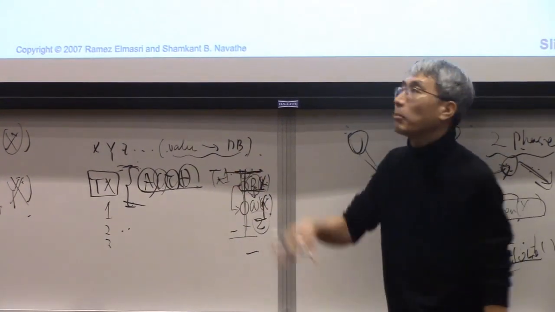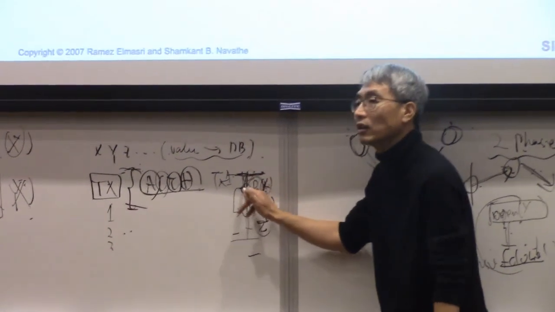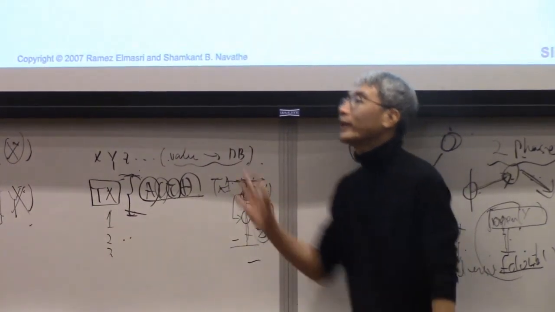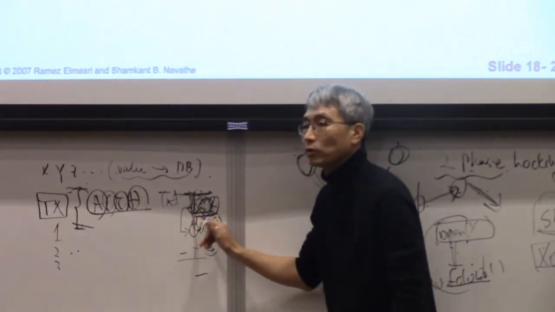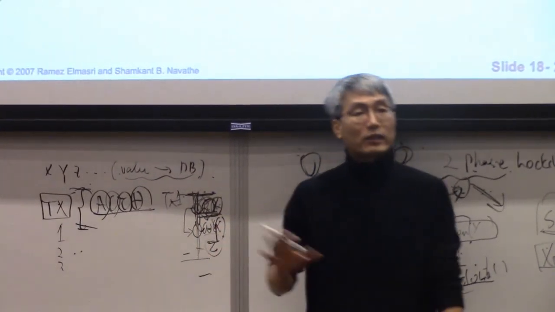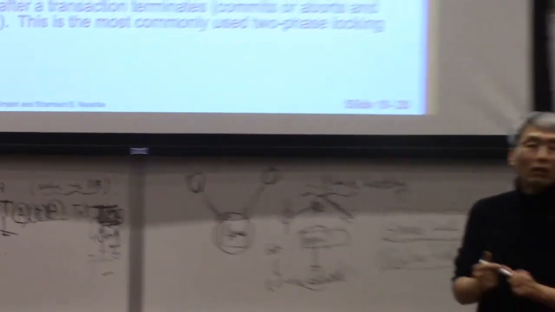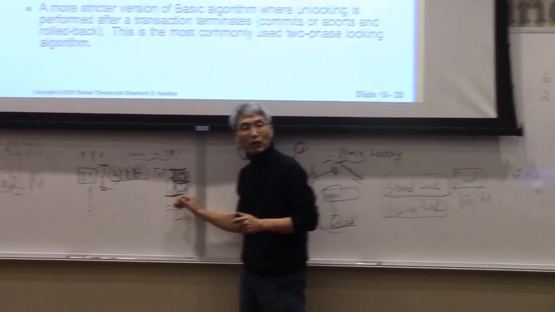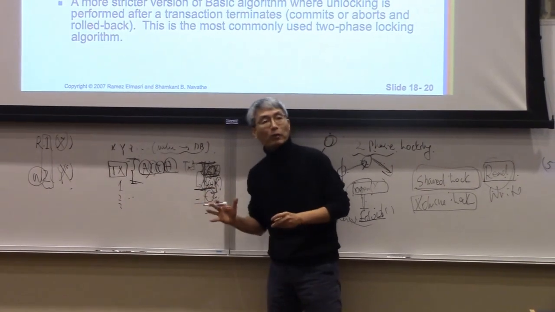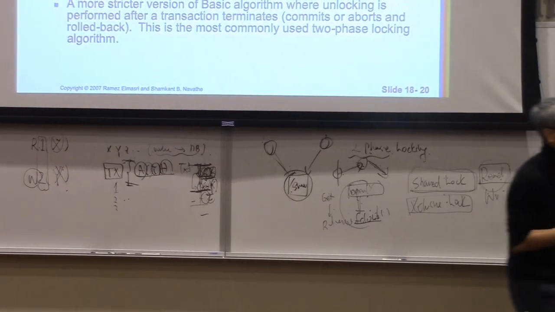That is conservative. Basic is you can start whenever you need. You request the lock and get the lock, and if you get it, you move to the next and next. The problem is you will stop if one is locked by another transaction, so you need to wait.